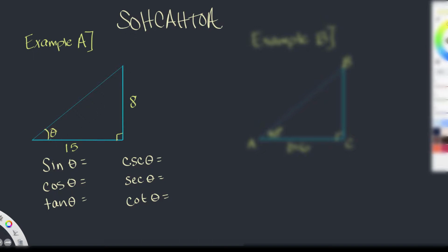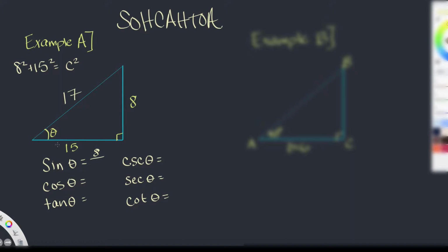Okay, so sine is opposite to hypotenuse. We're looking at angle theta, and opposite angle theta is the side length of 8. So opposite is 8. The hypotenuse we don't have, so we're going to have to find it. We could use the Pythagorean theorem to find it, or we can remember our triples. If we remember our triples, then we know that this hypotenuse is length 17. If you don't remember your triples, you could just use the Pythagorean theorem: 8 squared plus 15 squared equals c squared, and you'll find that c is 17.